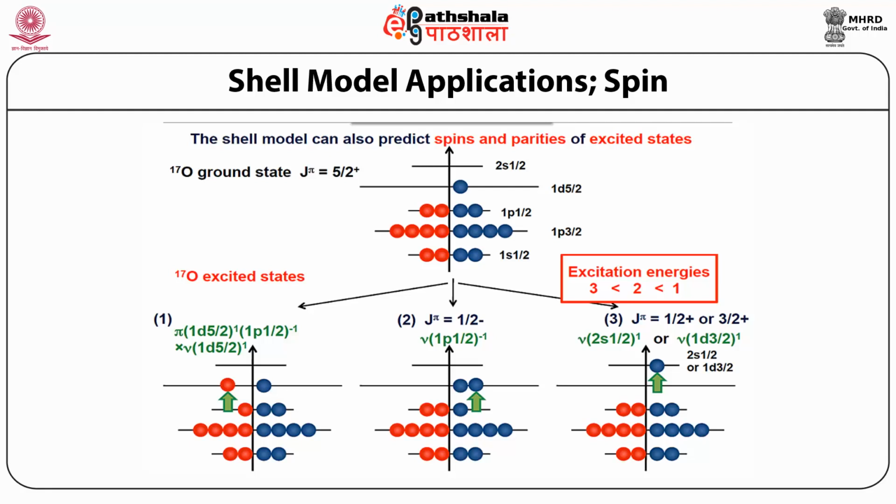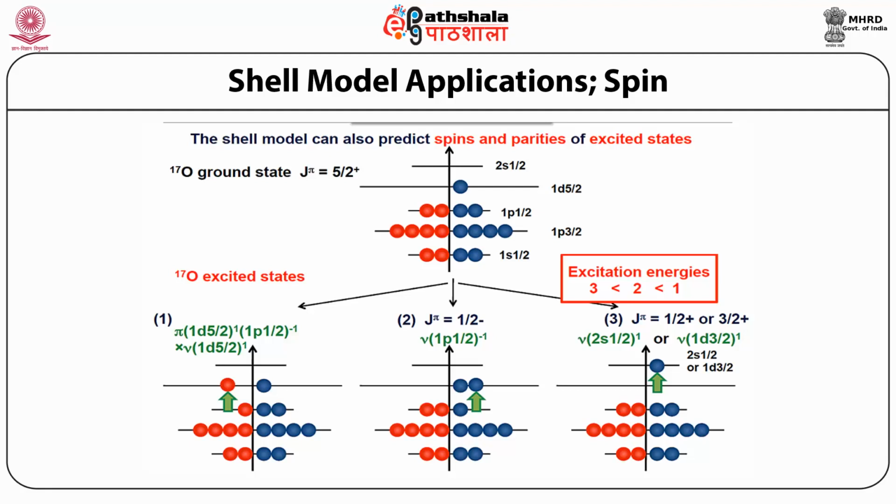In the third scenario, the odd neutron in the d5/2 orbital is excited to the 2s1/2 orbital or the 1d3/2 orbital, because the 2s1/2 and 1d3/2 orbitals are very close in energy.